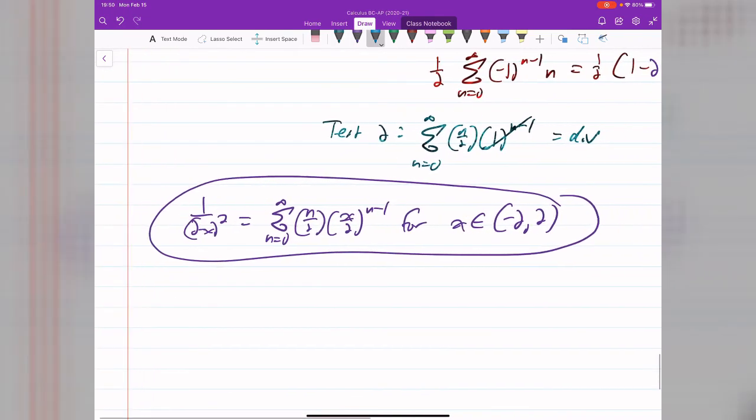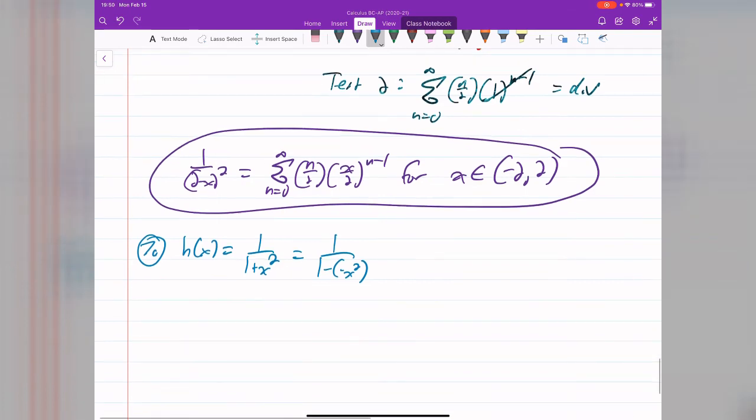Let's call this one 7a. H of x is equal to 1 over 1 plus x squared, which if I rewrite this is the same as 1 over 1 minus a negative x squared. And I'm just going to use this to establish a series for this one.